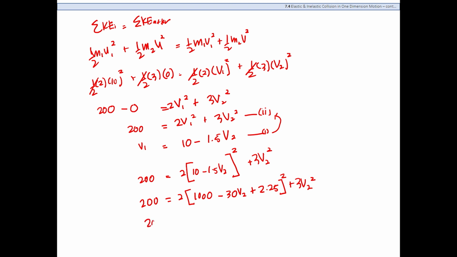Expand again: 200 equals 200 minus 60 v2 plus 4.5 v2 squared plus 3 v2 squared.